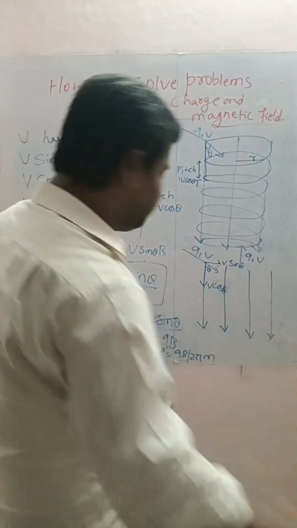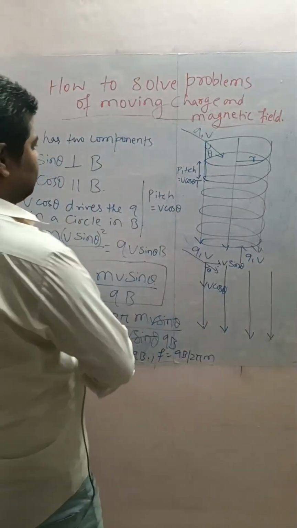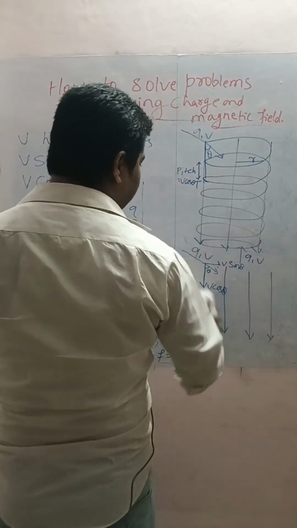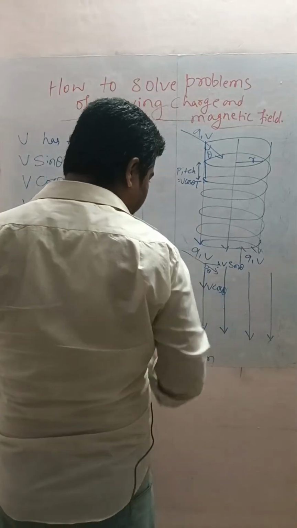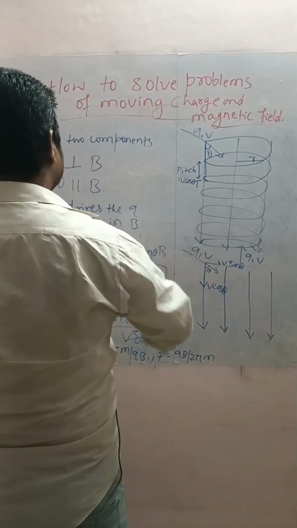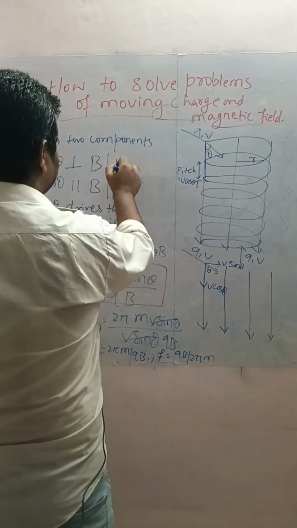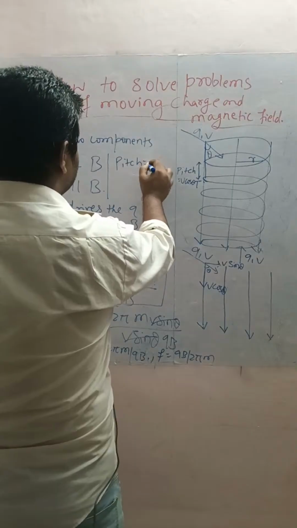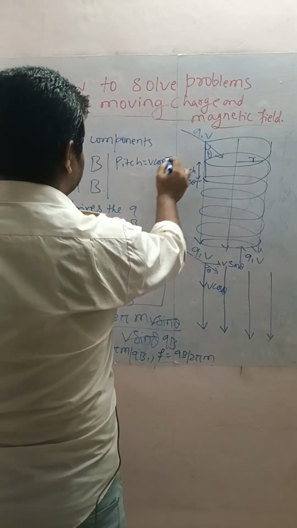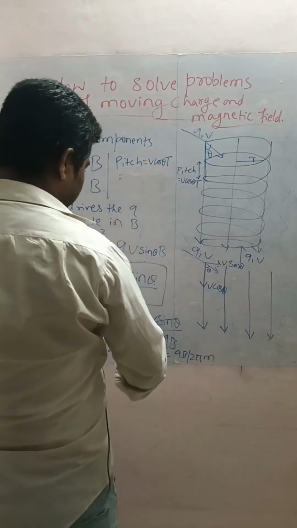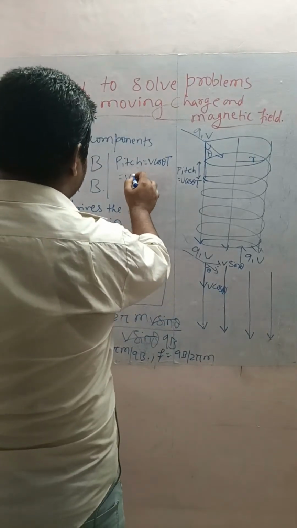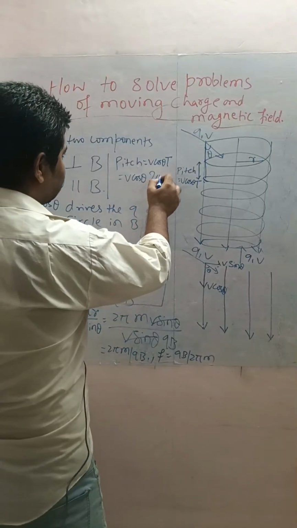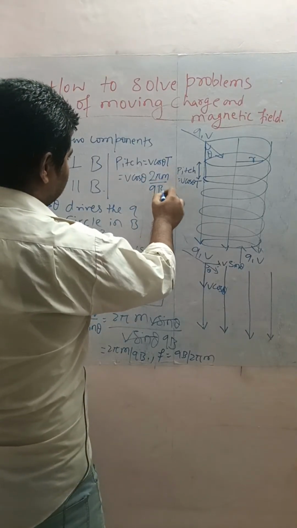Let me erase some part. Here, pitch is equal to v cos theta and T. And v cos theta is v cos theta, and your time will be 2 pi m by qB.